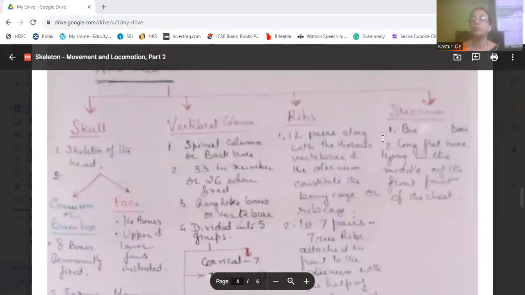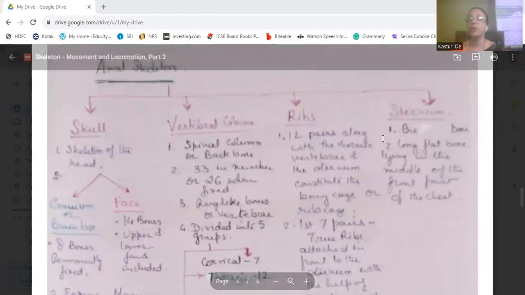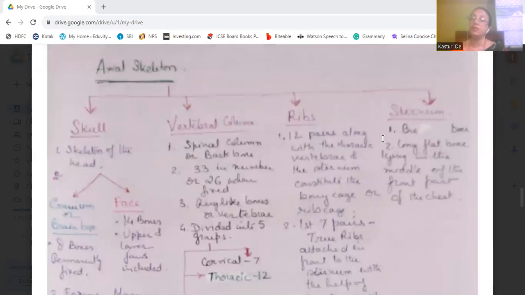Then we come to the ribs. We have heard of the rib cage, which protects many of our vital organs. Two main organs are there: the lungs and the heart. This rib cage is formed by ribs.